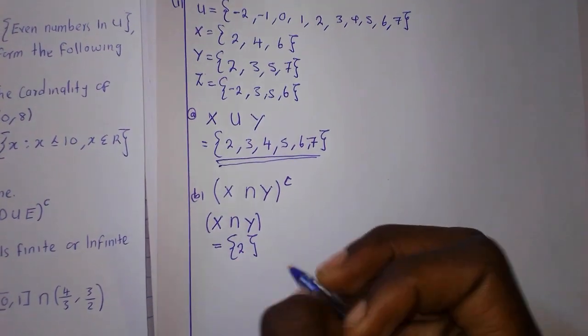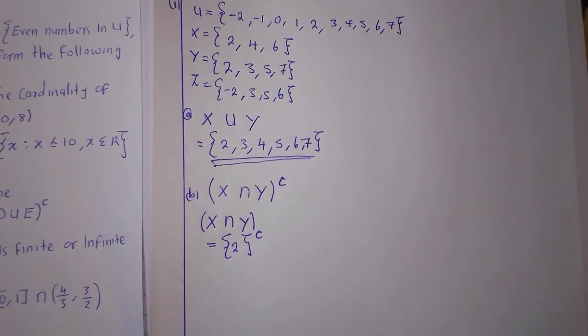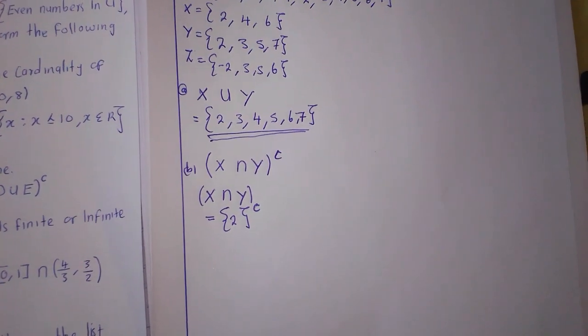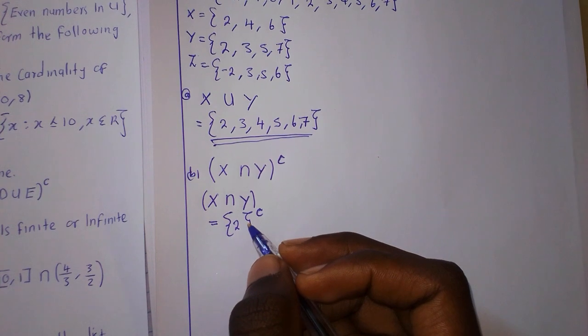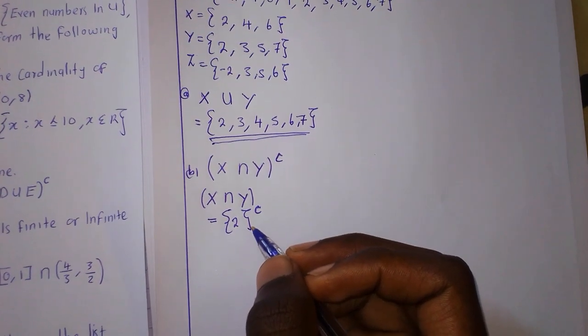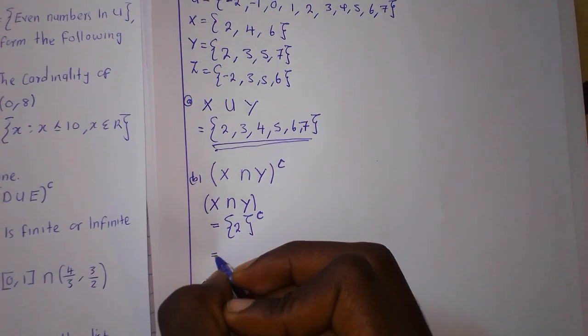Now X and Y are intersecting at 2. So we're going to have 2 like this. Now we find the complement. Complement simply means outside of. In other words, we are going to remove 2 from the universal set, and whatever we remain with is the complement.